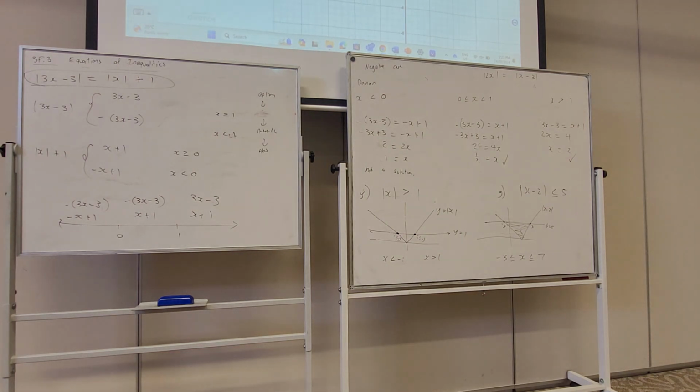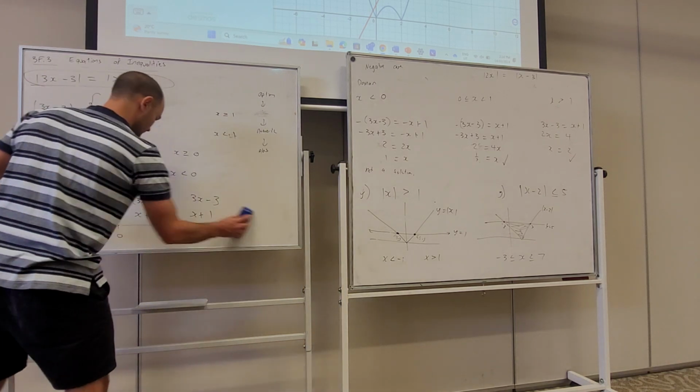And then for our very last one, we have the modulus of x squared take 2x. And that's for y1, and then for y2, we have the function 2x plus 1. All right, so that's what our curve looks like.